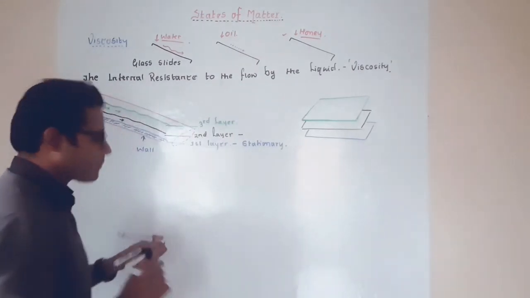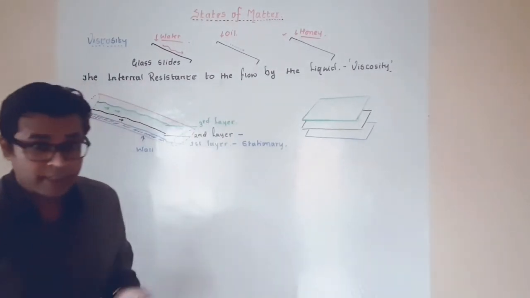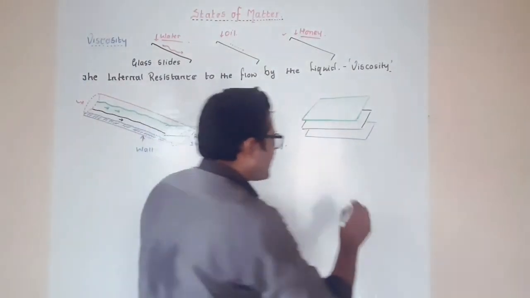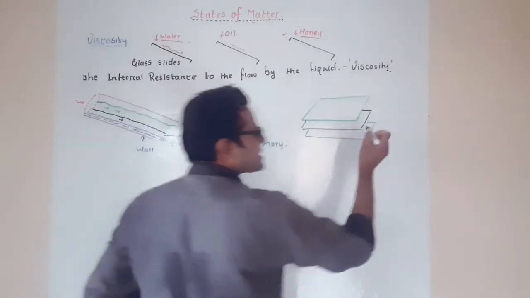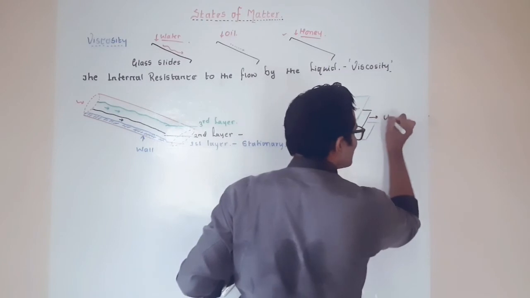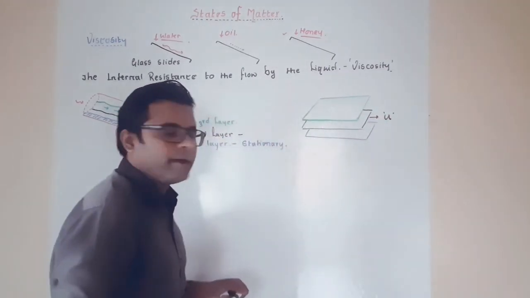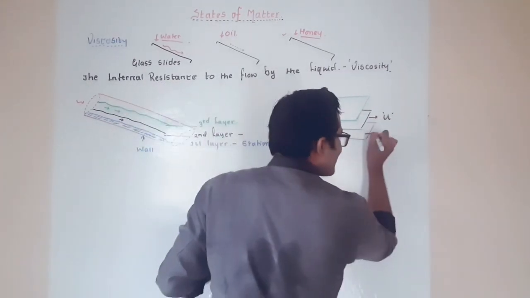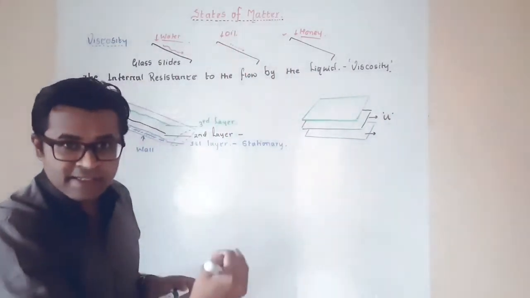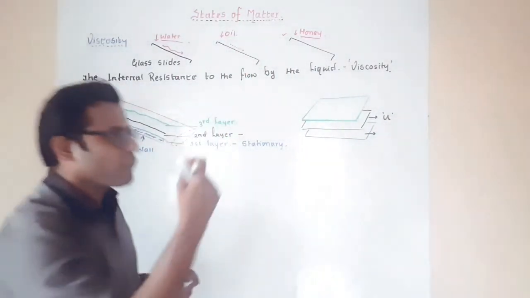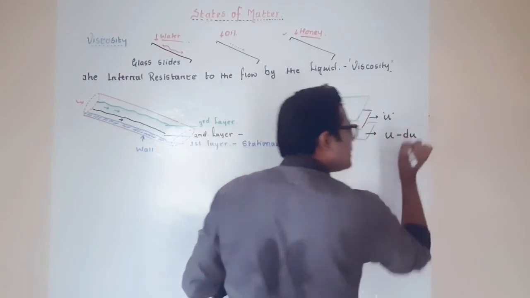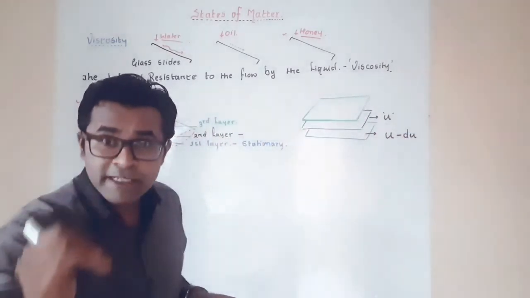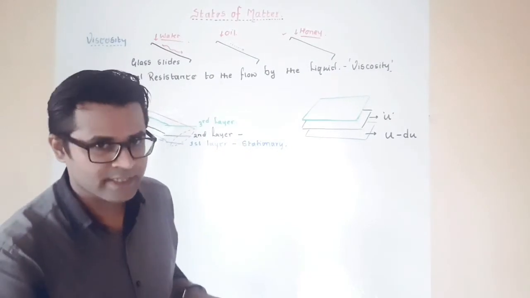Okay, now when we consider viscosity, let's say that if this is a black color layer, that is the second layer, it is moving with a velocity u. Now this one has a velocity less by a certain amount. We will represent that certain amount as u minus du. du represents a particular velocity which is quite less.